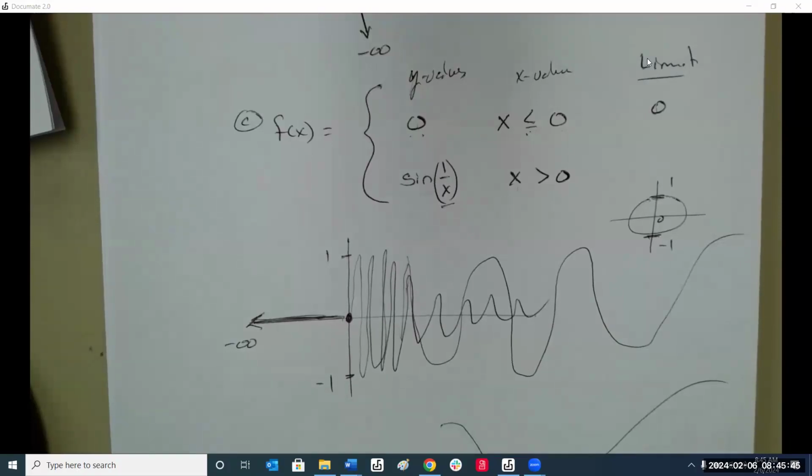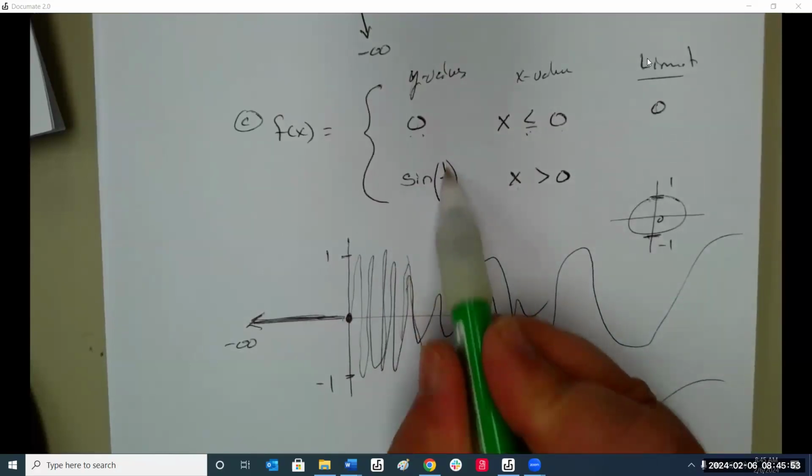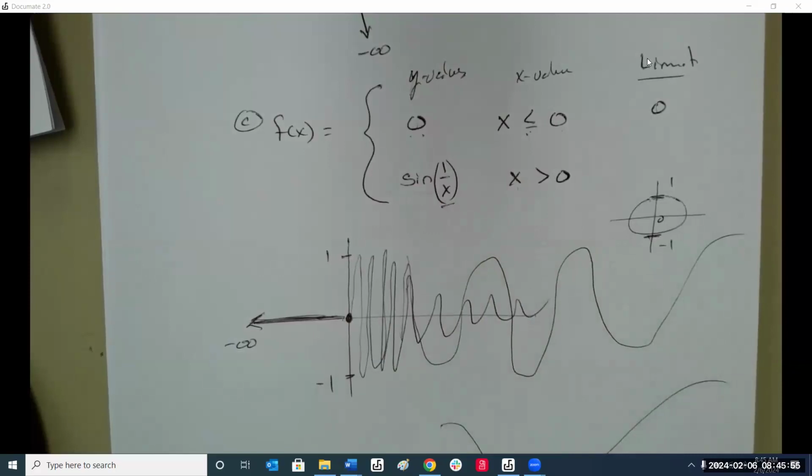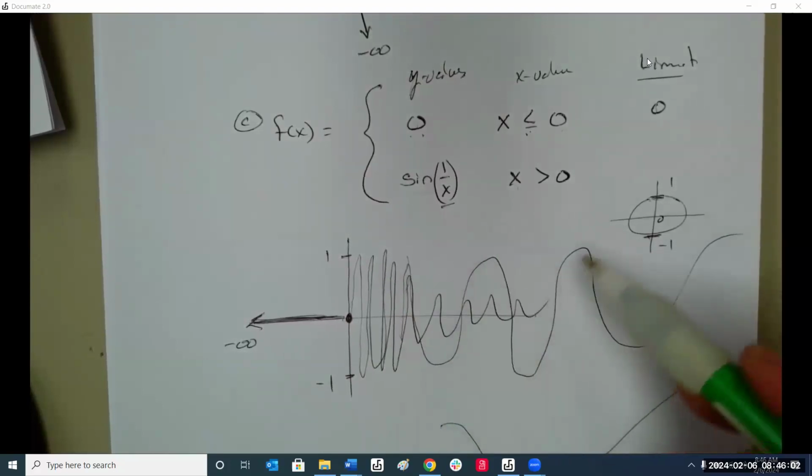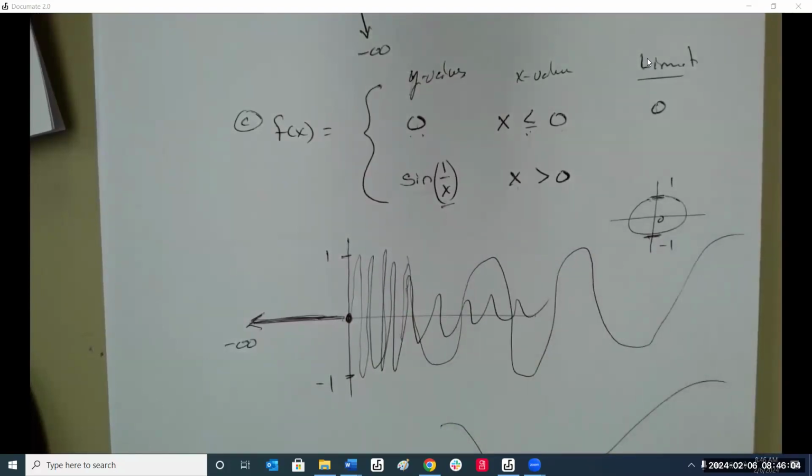And for these type of problems, I don't mind if you use a calculator to graph your picture. I don't expect you to memorize all this stuff. So if you see a function of that, graph it and see what happens when x is positive. And what you'll see is very, very sporadic, and then it starts easing off. It's still going to be between 1 and negative 1.